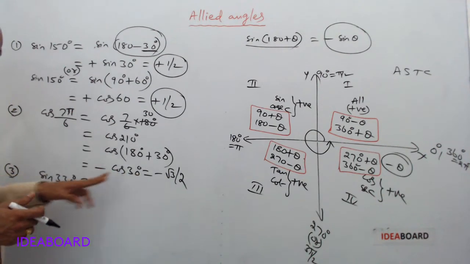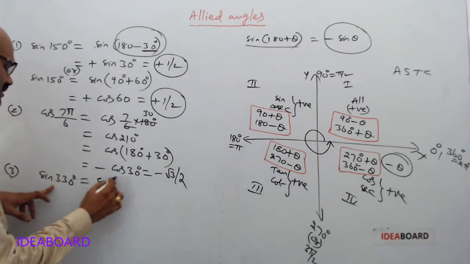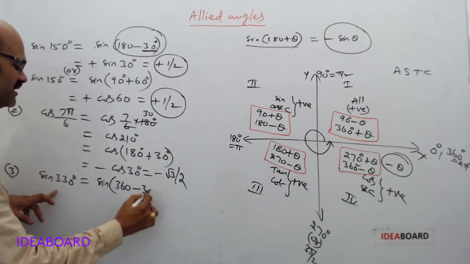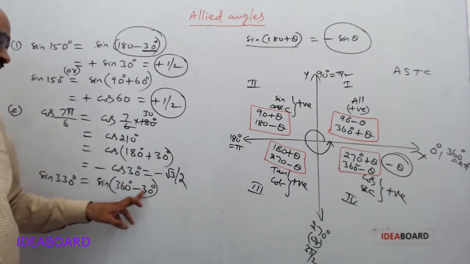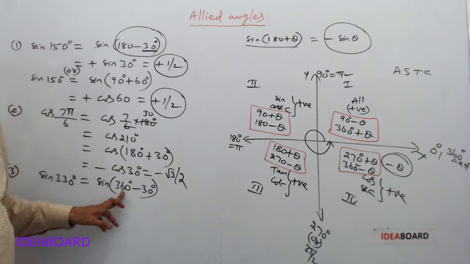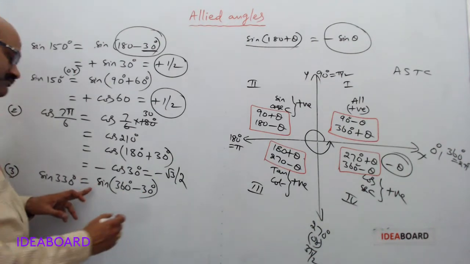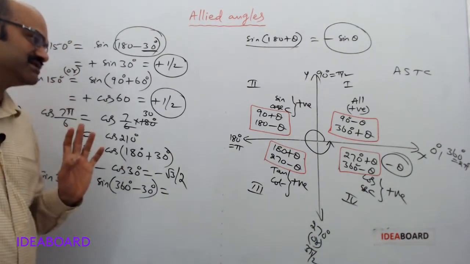So here we can take it as sine of 360 minus 30 degrees, that is 360 minus theta.